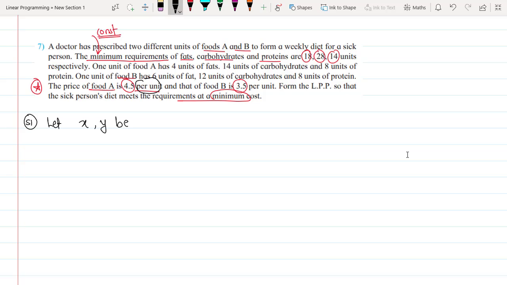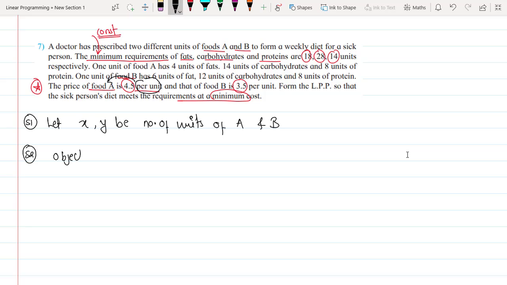On what is the per unit mentioned? Per unit is mentioned for food A. So x and y be the number of units of food A and food B. So step number 2 will be to get the profit function, or the objective function.